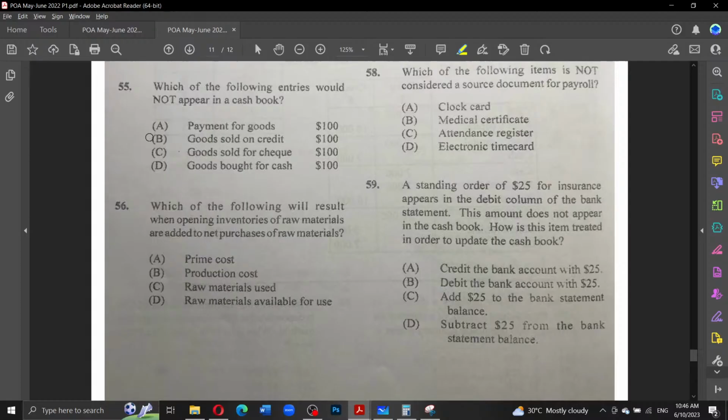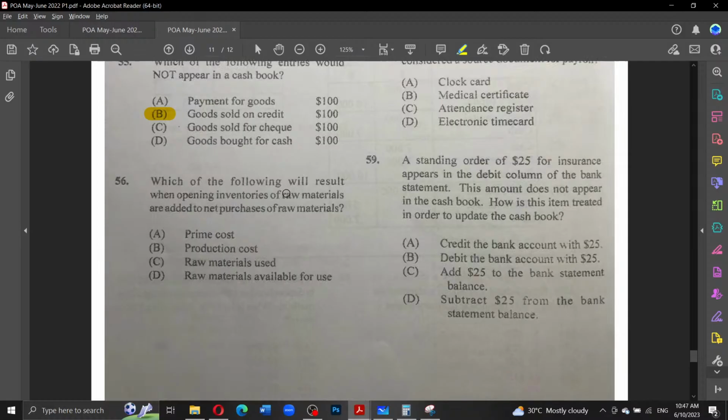Alright, so we have goods sold on credit. This will be in the sales book. The rest of them will be in the cash book because money is received or paid. So even though the book name is cash book, it has cash and bank transactions inside, right?